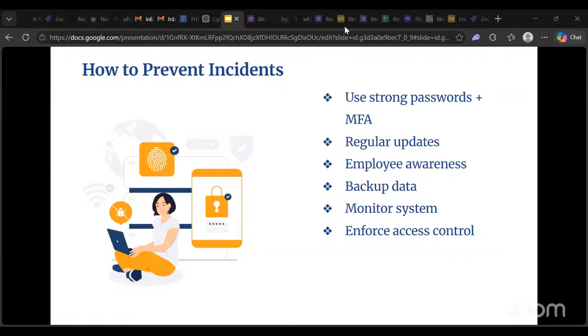Then it is also important to monitor the system and enforce access control. As I said earlier on, it is important for each company to have rule-based access, so that no just anyhow staff can have access to sensitive data. Security is a combination of people, process, and technologies. Prevention combines people, process, and technology.